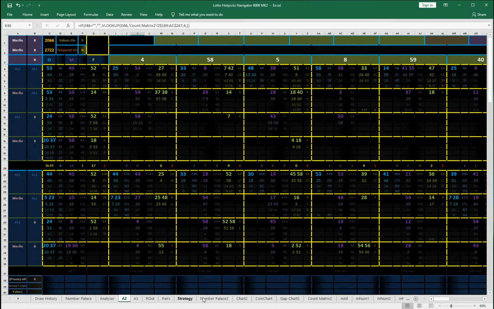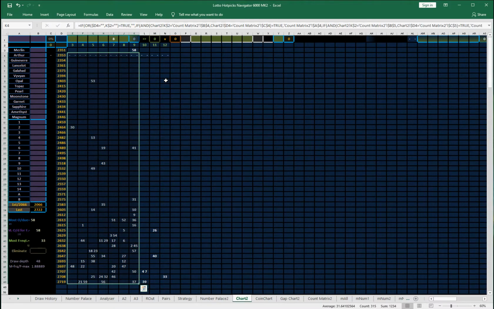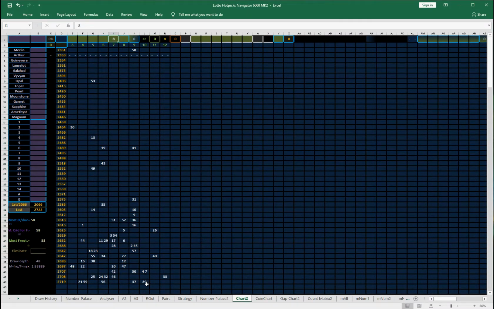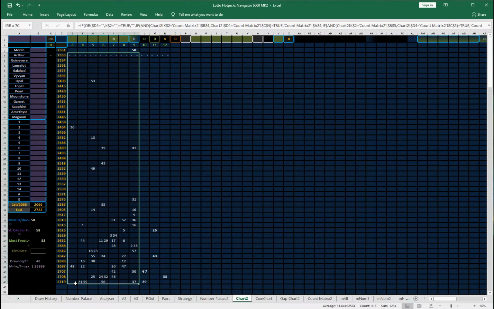Now, if we look at number 58's chart, it's like, if we look at 8's chart, for instance, there's 58. It's most overdue as well as most overdue for frequency. It's now pushing up the average height of the chart.